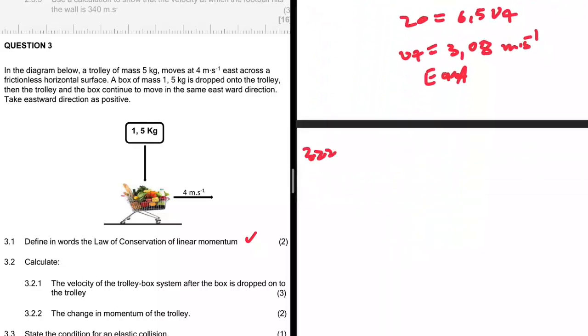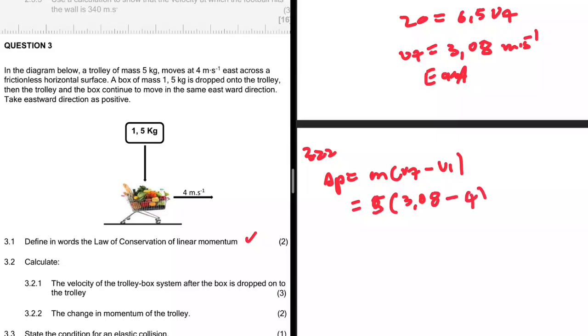3.2.2, we want to calculate the change in momentum of the trolley. So change in momentum is m(vf minus vi). The mass is always conserved, so it's the same, 5, but the final velocity is 3.08. And then what about the initial velocity?